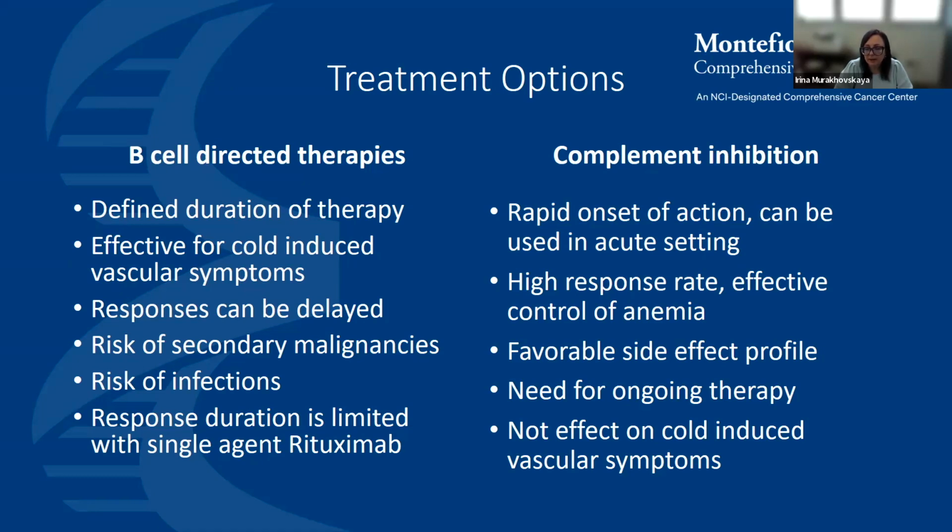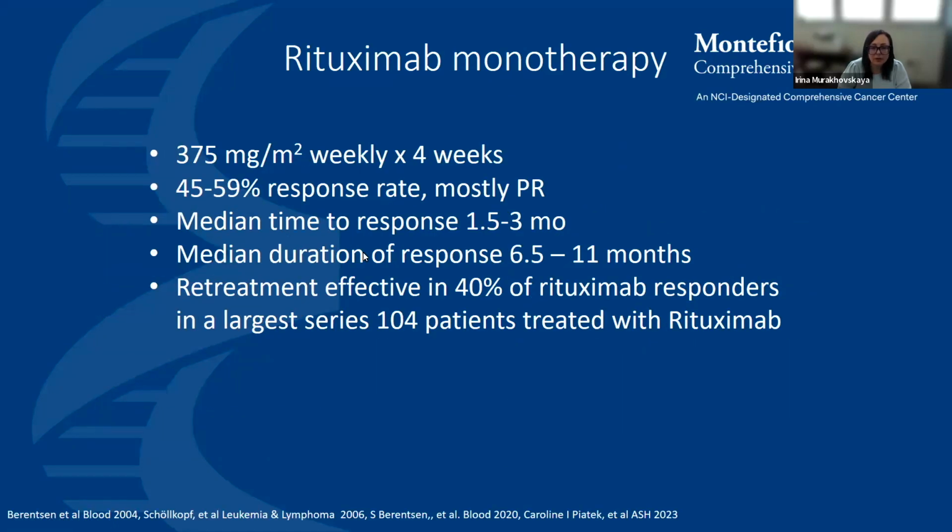This is a highly effective therapy with a high response rate and effective control of the anemia, as well as a good side effect profile, and is generally well tolerated. The negatives are the need for ongoing therapy, and complement inhibition prevents hemolysis but has no effect on cold-induced vascular symptoms. So now we'll go through some data for each of these options.